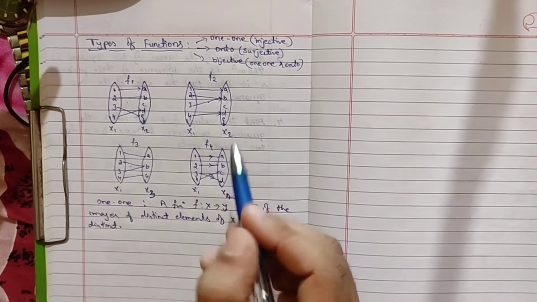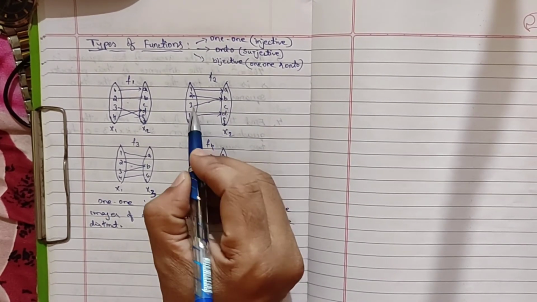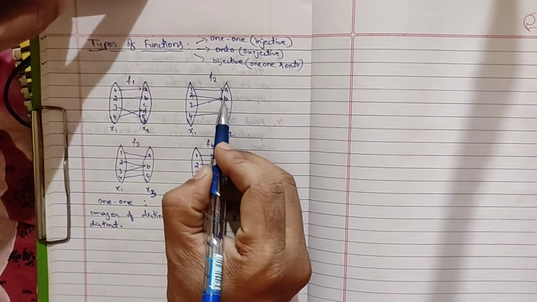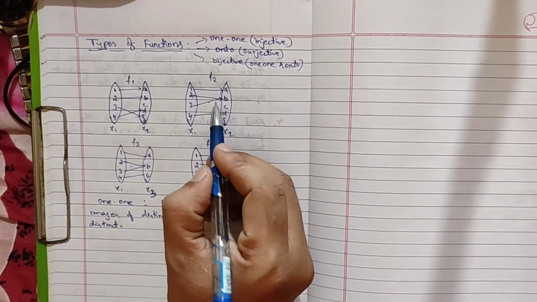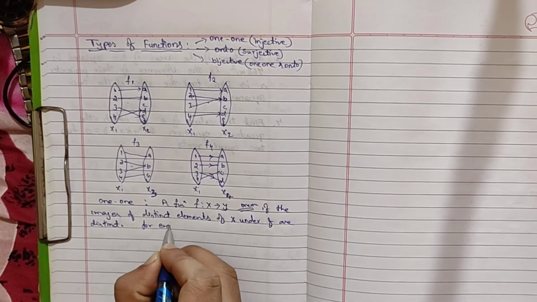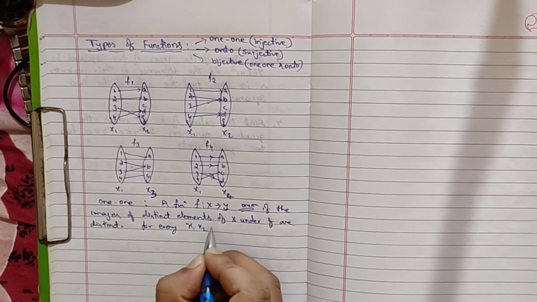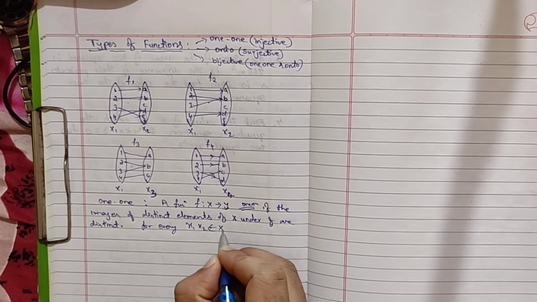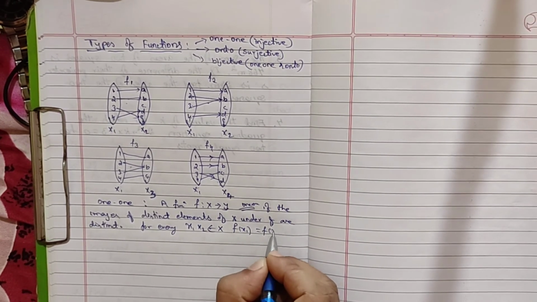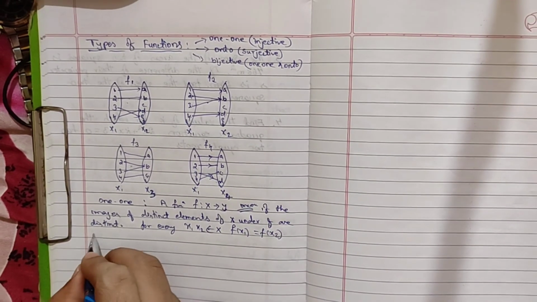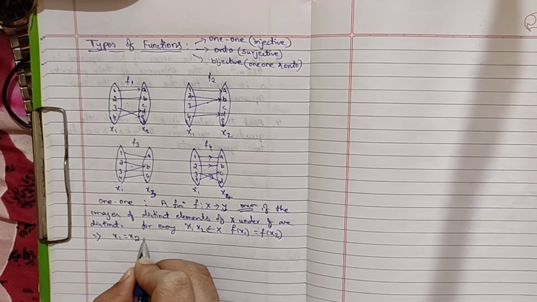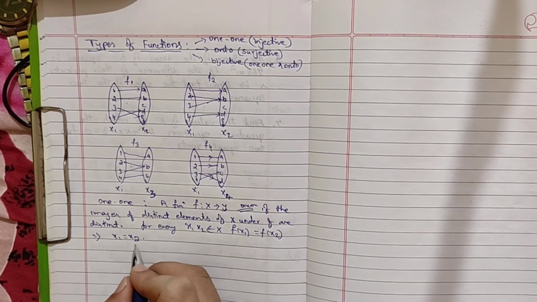Therefore it is one-one. Here it is 1 to A, 2 to B and 3 to B. For 2 and 3, the image is the same, B. Therefore this is not a one-one function. It means for every x1, x2 belonging to X, f of x1 equals f of x2 implies x1 equals x2.